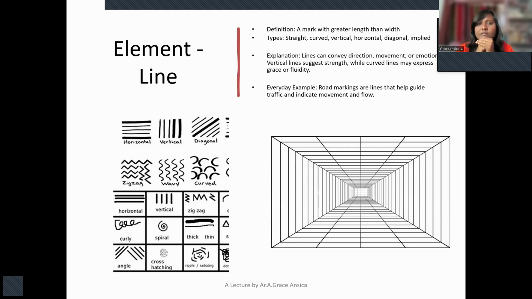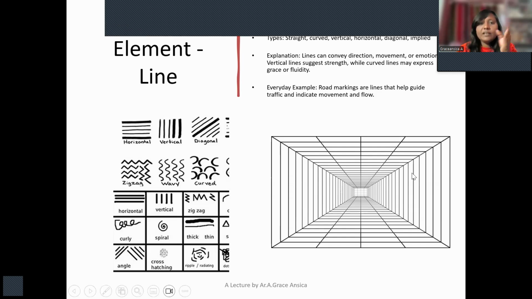Line has a very specific purpose. When I say focal point, it was the point wherever my eyes have to go. One point, I'm able to see it. But lines can convey direction. In what portion your eyes have to see, the line can do. Now look at this picture. All the lines of different nature, I have vertical lines, horizontal lines, diagonal lines.